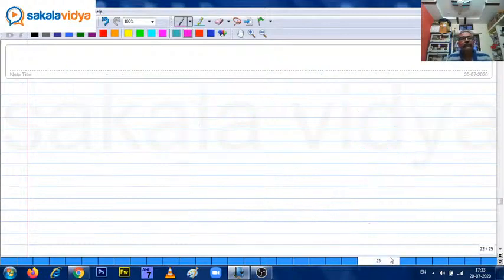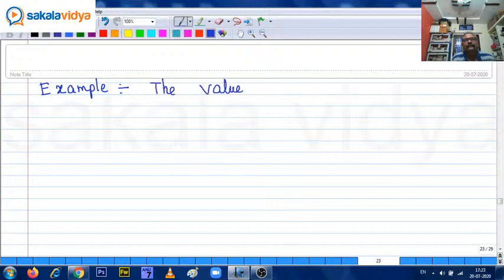Okay, now I give one important question. How many of you will do? I will check now. Example: this type of question may be asked in the examination. The value of 1 plus I by 1 minus I equal to A plus IB.